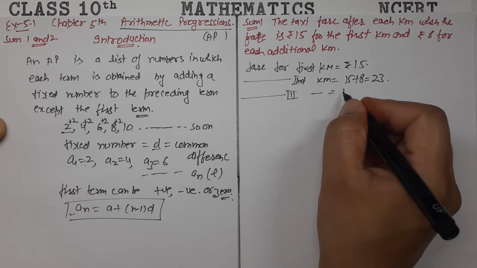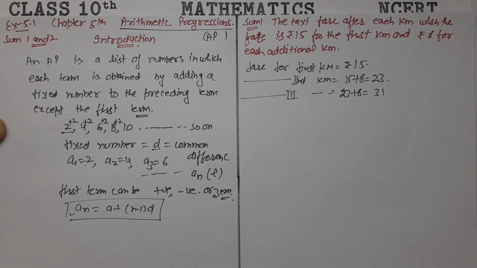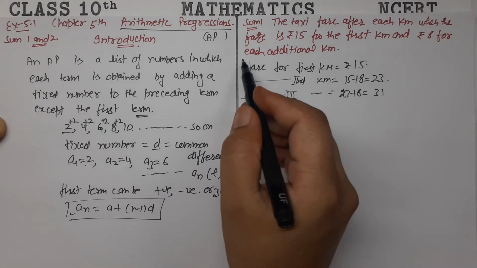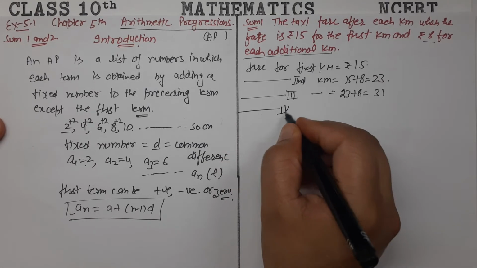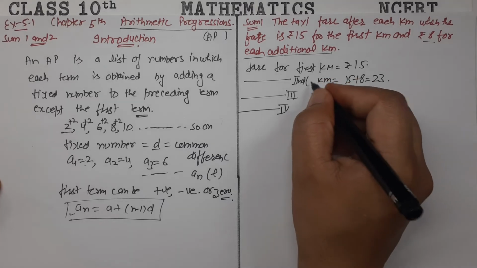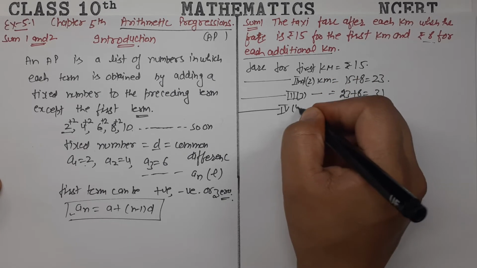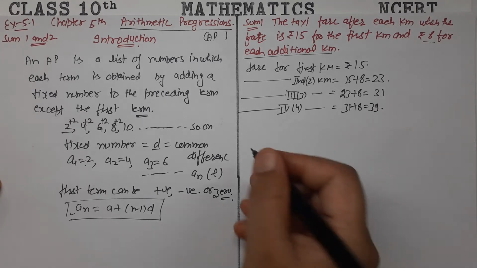For the third kilometer, 23 plus 8 makes 31. Because for each additional kilometer, rupees 8. Fare for 4 kilometers, that is 31 plus 8, 39.